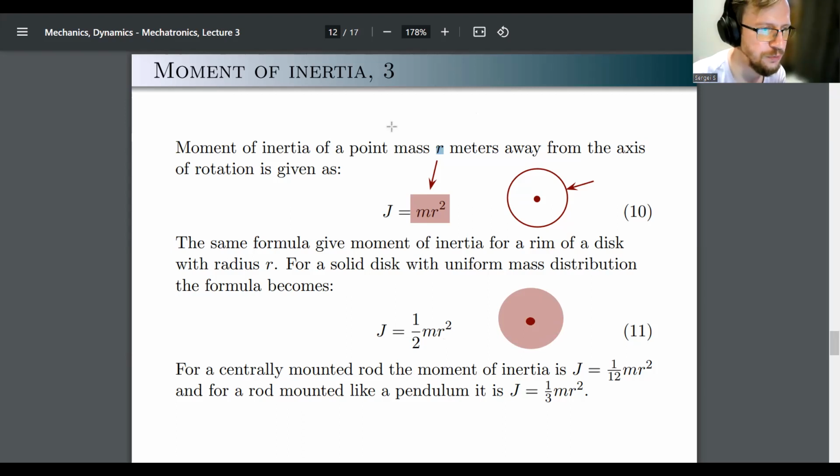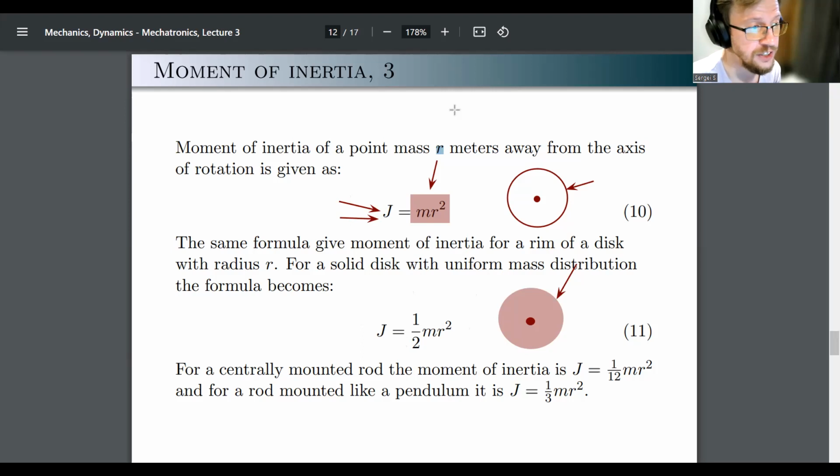Even though their mass is the same as for the points on the rim, their moment of inertia is much smaller. So we have this 1/2 coefficient, which you can recover by integrating this formula for each point in the interior of the disk.